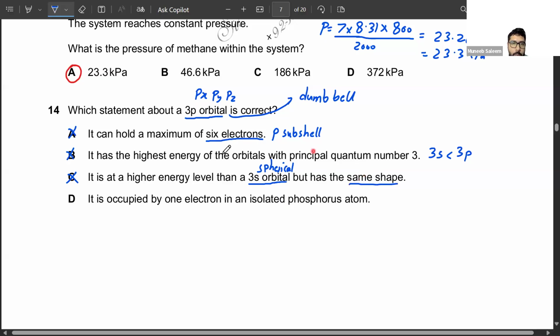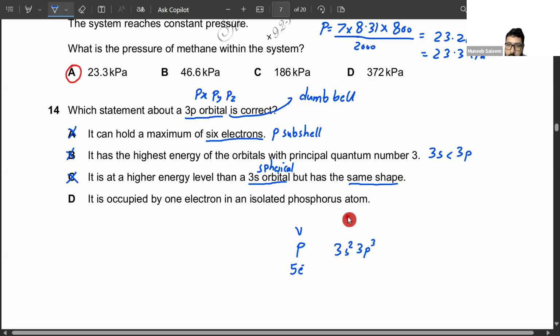D says it is occupied by 1 electron in an isolated phosphorus atom. Now, isolated phosphorus atom, we should remember it is present in group number 5 of the periodic table. That means it has 5 valence electrons. The electronic configuration for the 5 electrons is written as 3s2 and 3p3.